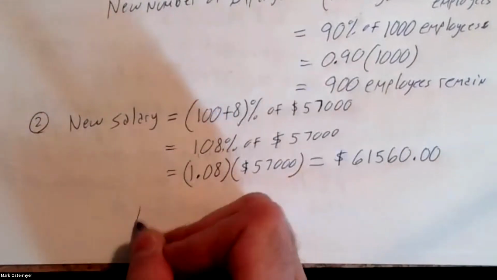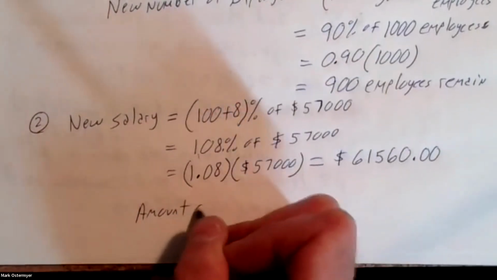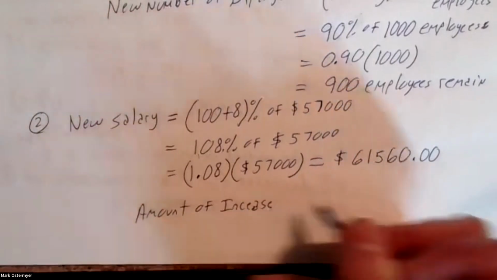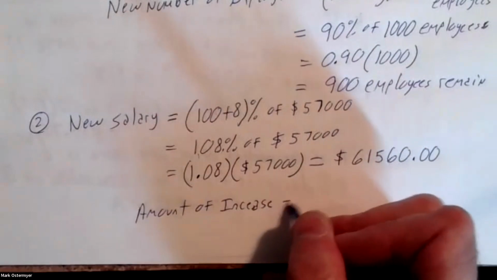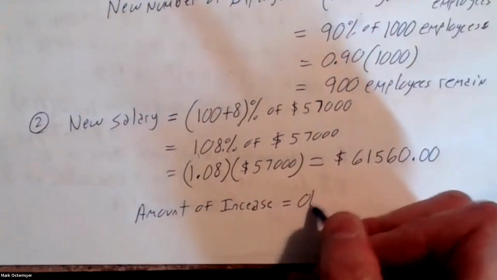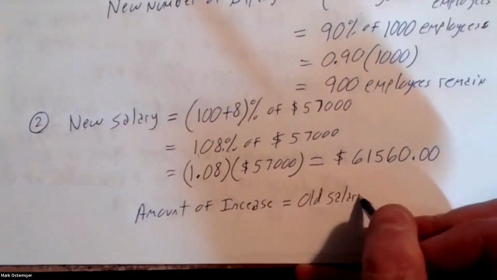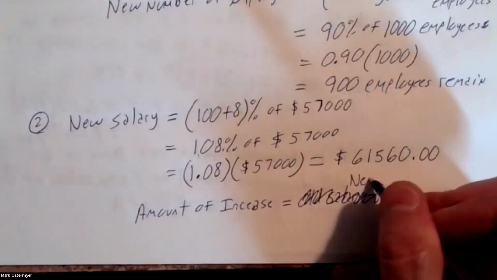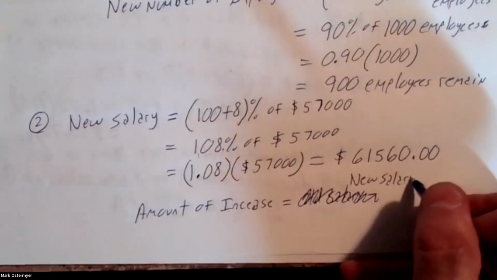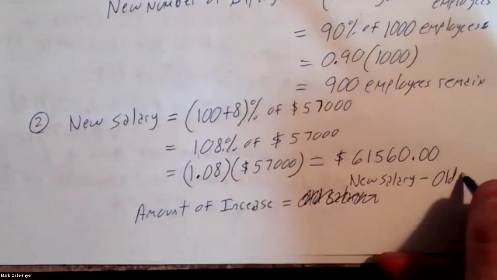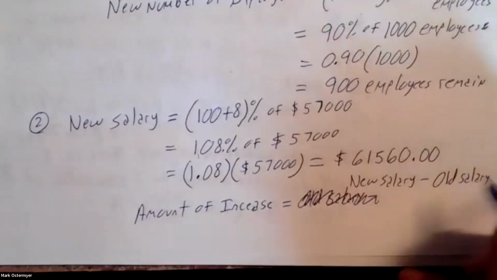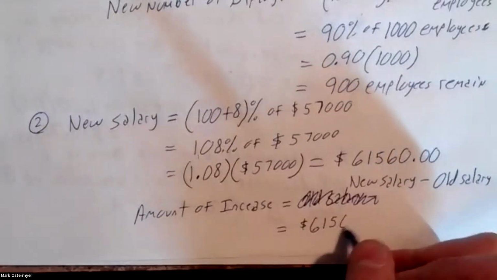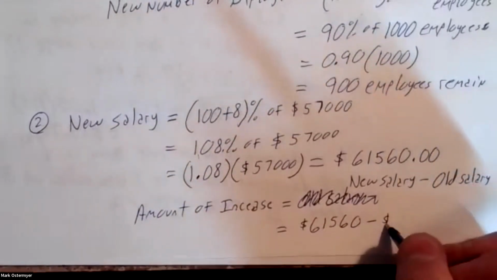And they also want us, ladies and gentlemen, to compute the amount of increase. We know the rate of increase is 8%, but they want the amount of increase. That's going to be nothing more than the new salary subtract the old salary. So the amount of increase is going to be nothing more than $61,560 subtract off $57,000.